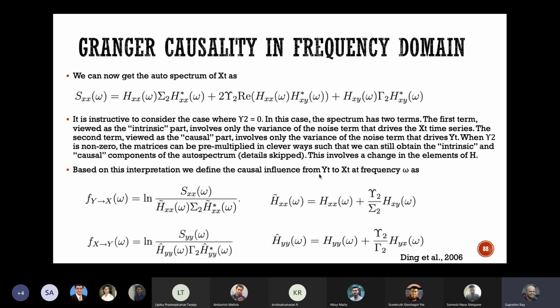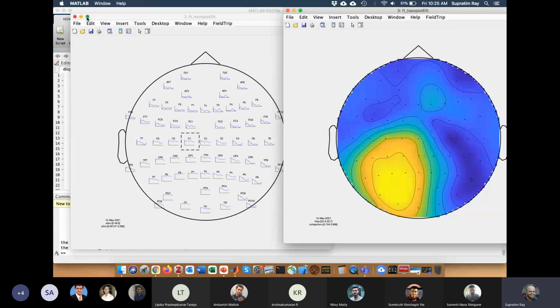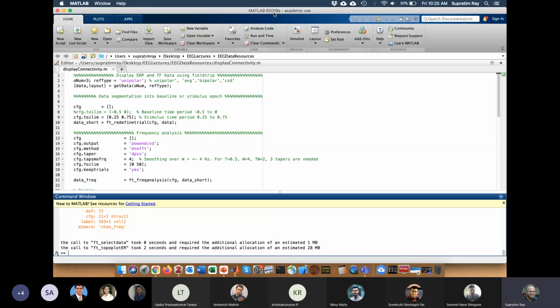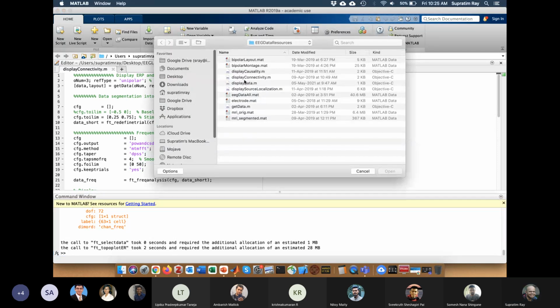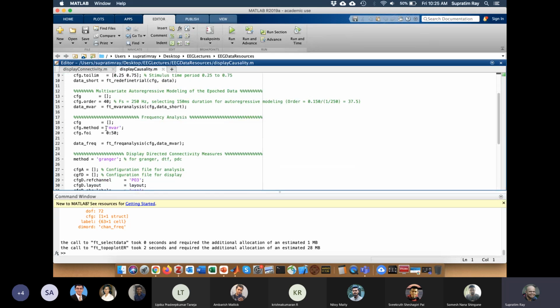You have got a program here which computes the Granger causality, display causality.m, and the M var, this is one method that is used to compute the coefficients.